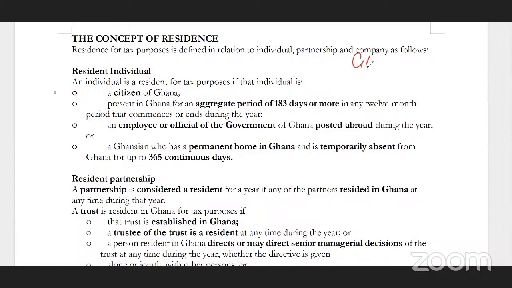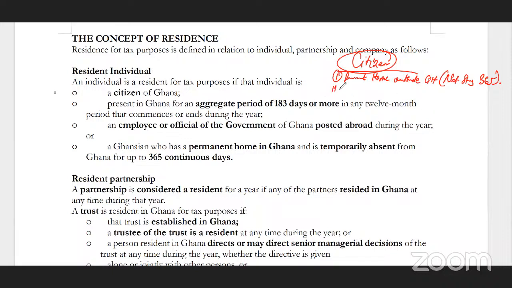So if we look at a citizen of Ghana, naturally, so far as you're a citizen, you are a resident, unless one, you have a permanent home, okay? So we are saying that if you're a citizen and you have a permanent home outside Ghana, and then you did not stay up to 365 days in that home, then you are still resident in Ghana.